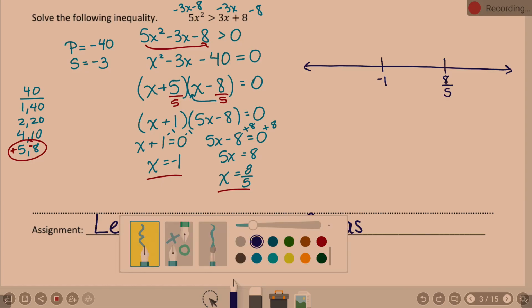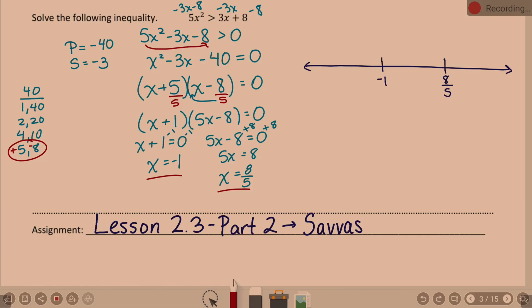So I'm going to put my negative first, and then my positive. And let's test them. Now, with this one, when you go to test, you either need to use this original form here or the fully factored form there. You don't want to use one of the ones when we're in the middle of slip and sliding, because that will get you into trouble, or it could. Okay, so what number to the left of -1 are you trying? -2 maybe?